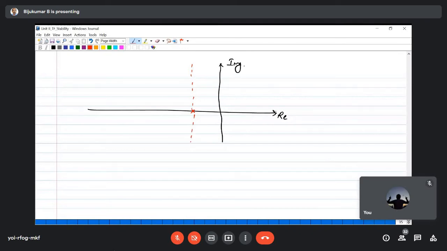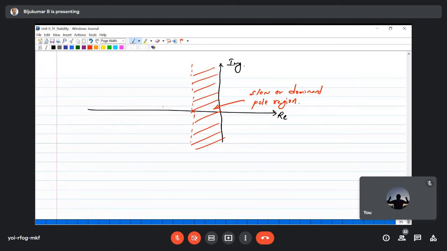So this region I can call the slow or dominant pole region. This is very important to keep in mind.